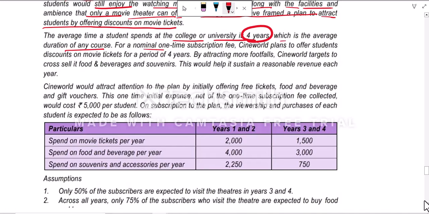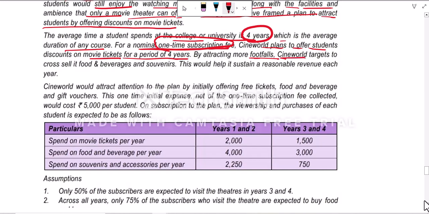For a nominal one-time subscription fee, Cineworld plans to offer students discounts on movie tickets for a period of 4 years. If they pay the subscription fee, then they will give a discount on movie tickets in the next 4 years. They are giving this opportunity to the students by attracting more footfalls.